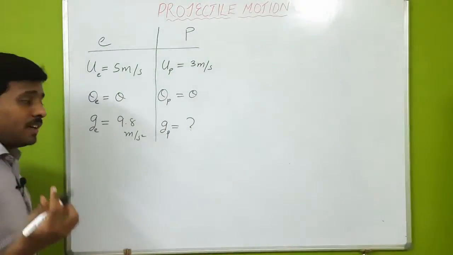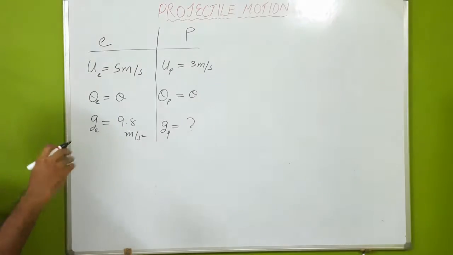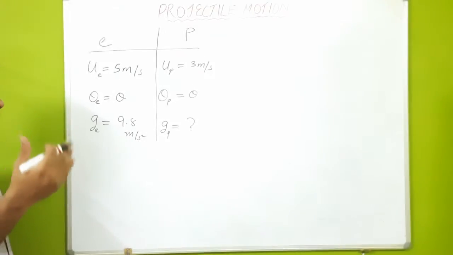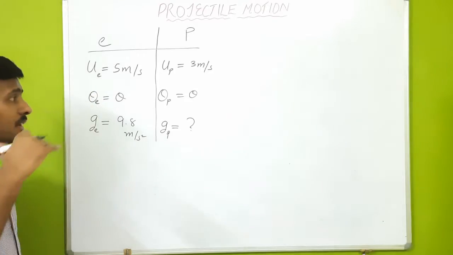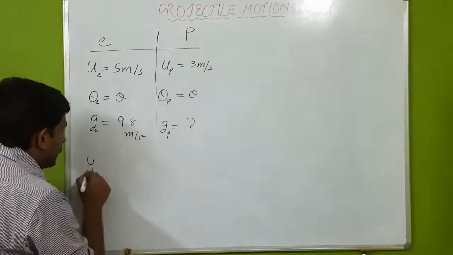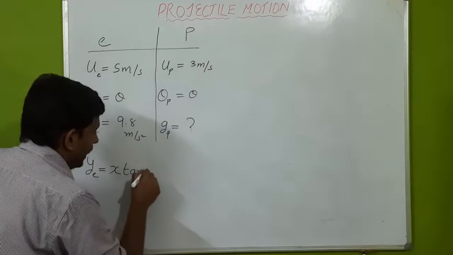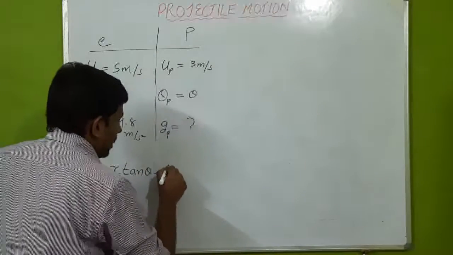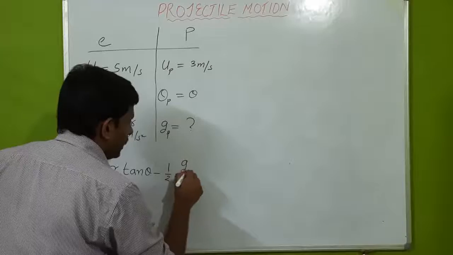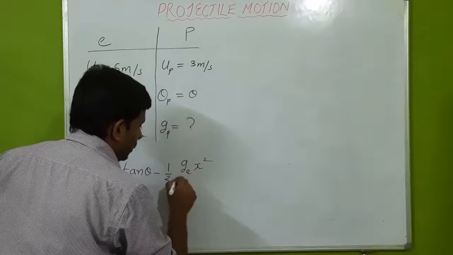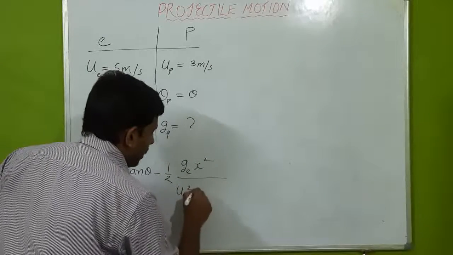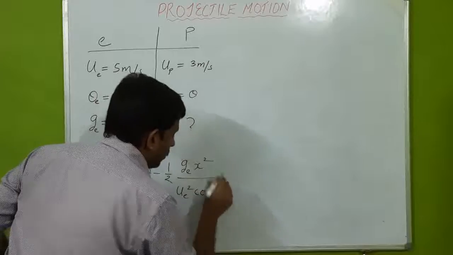And in the question it is given that the projectiles in both the planets have exactly similar trajectories. Therefore, the trajectory in Earth can be written as y is equal to x tan theta minus half into g_e into x squared divided by u_e squared cos squared theta.